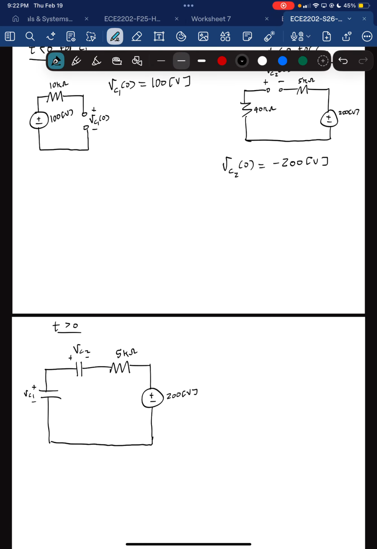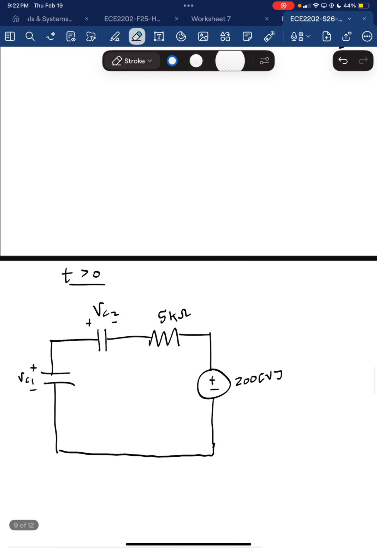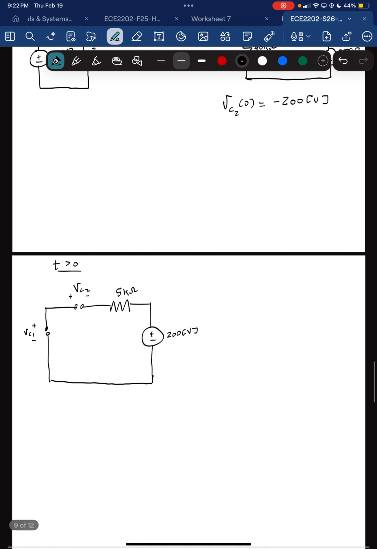Now typically at this point, the goal is to find VC of infinity. But let me show you what happens when we apply steady state conditions to these capacitors. Turn both of them into open circuits. You see this little part right here?